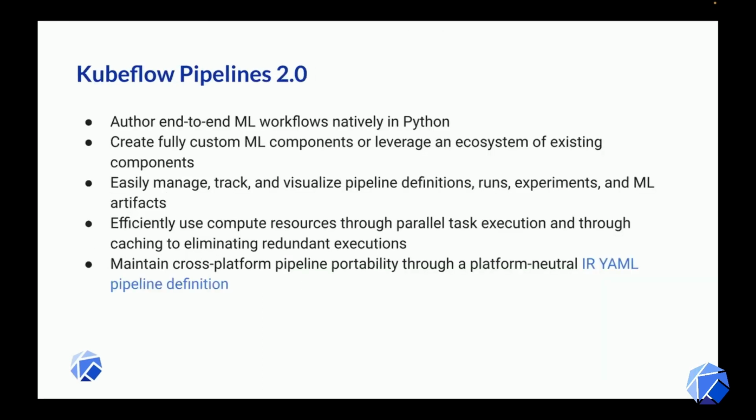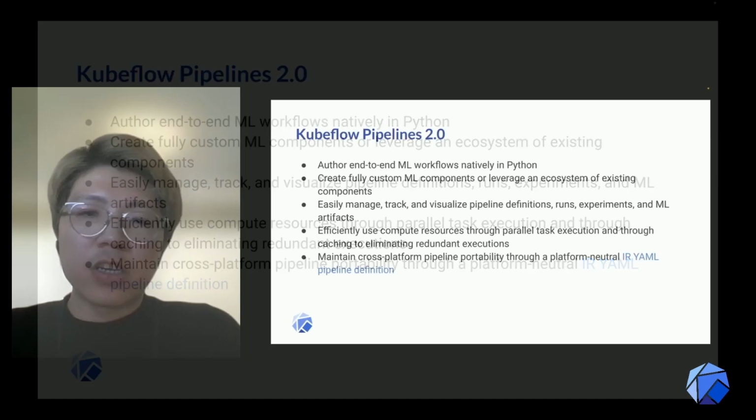So when we get into Kubeflow Pipeline 2.0, it has all the great features from Kubeflow Pipeline 1.0 plus additional features. You can author end-to-end ML workflows natively in Python now, customize ML components, and leverage the ecosystem of other existing components from V1. You can still easily manage, track, and visualize pipeline definitions.